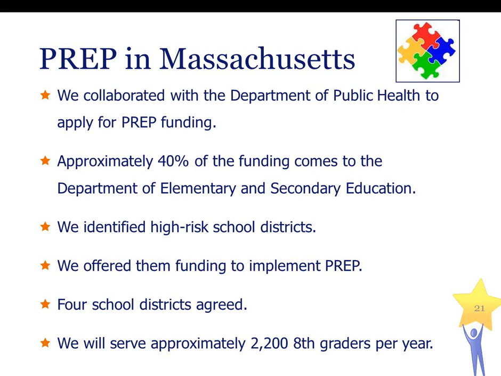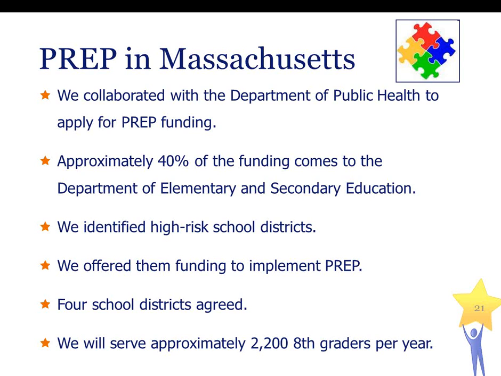We did that by identifying high-risk school districts. These were districts that had poor school performance. They had to have within those districts schools that were performing at the lowest 20% of all schools in Massachusetts, and high teen birth rates.